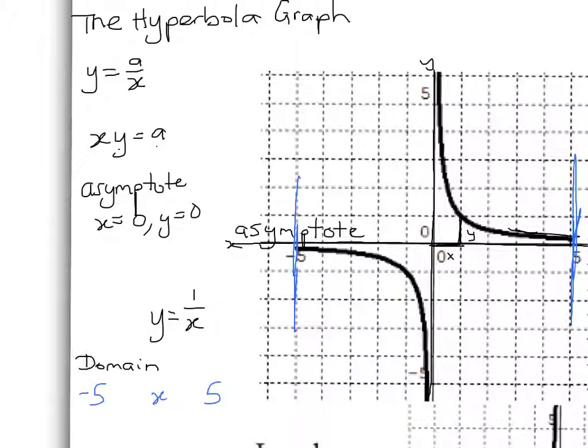So our x is greater than or equal to -5, less than or equal to 5, and x is not equal to 0, and our y value is not equal to 0. There are some features of that hyperbola.